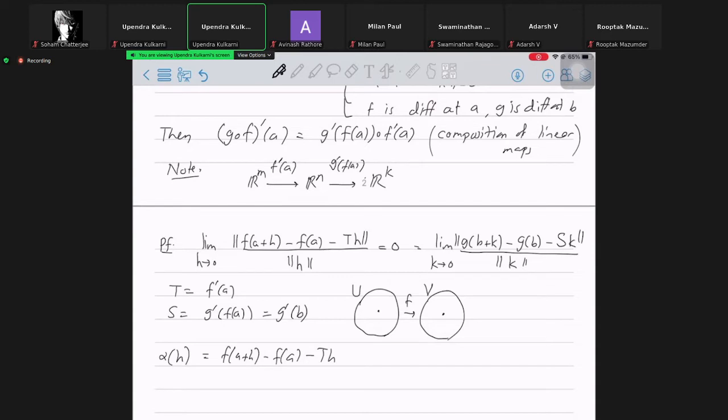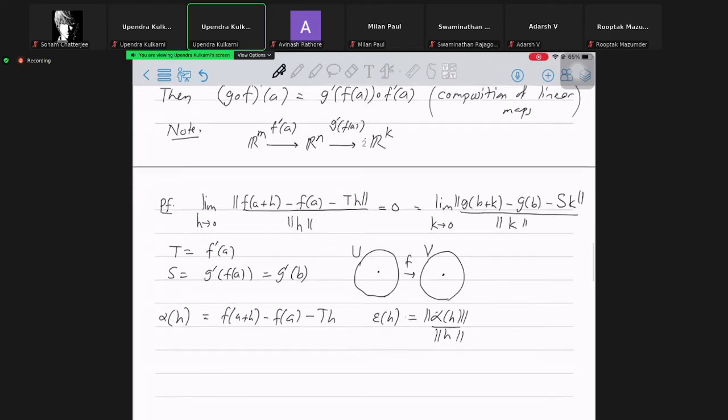And so I have that limit. So the limit up top really can be thought of as the limit as h approaches 0 of the norm of alpha of h over the norm of h is 0. So let me give also a name to the quantity. I am going to say epsilon of h is equal to alpha of h divided by the norm of h.